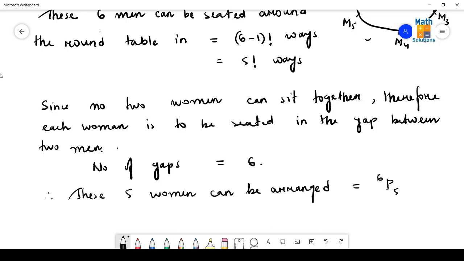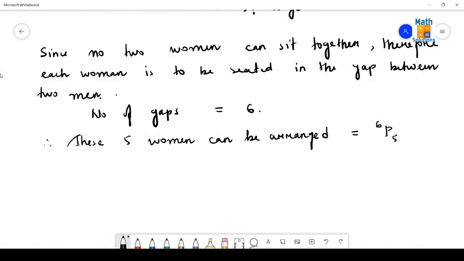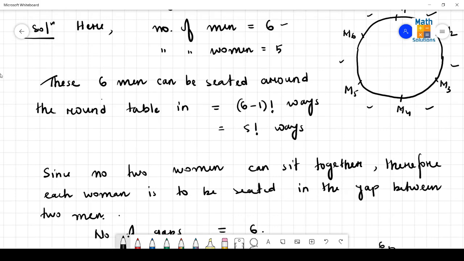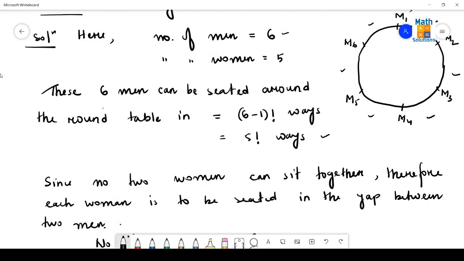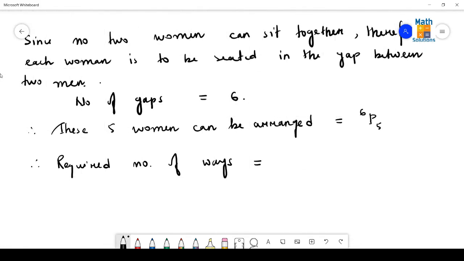Therefore, the required number of ways: initially we had these 5 factorial ways of arranging the 6 men at this circular table, and along with that at the same time we have to consider this arrangement. Where there is 'and' in between, there is the fundamental principle of multiplication.